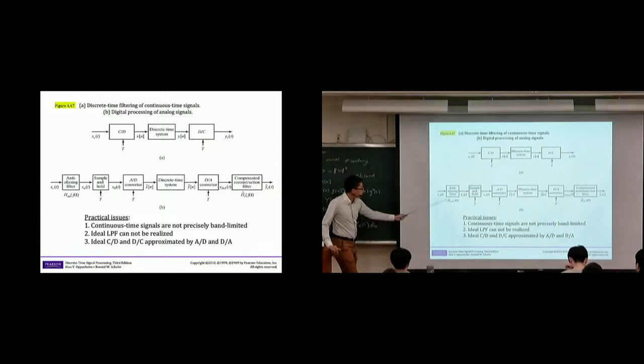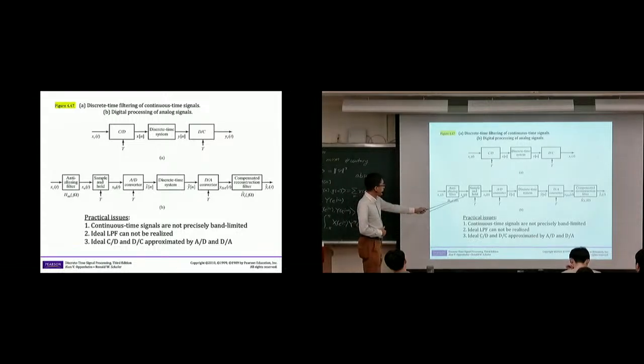So this first preliminary step is called anti-aliasing. You apply a low pass filter to make sure the bandwidth is less than or equal to 1/2 of the sampling rate, okay?